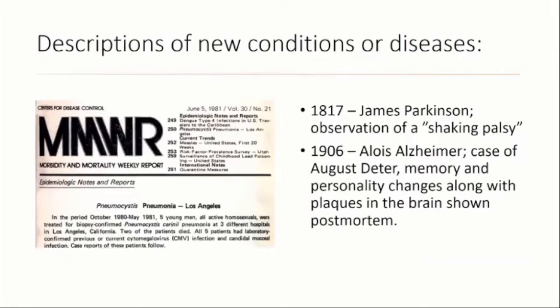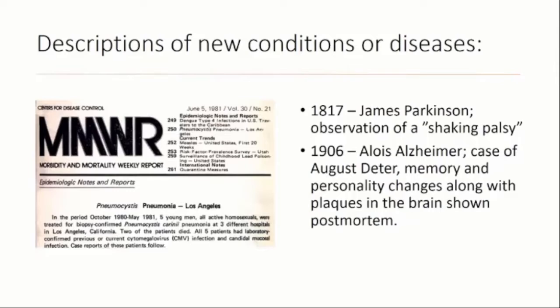So we'll start off with descriptions of new conditions. Now, this piece right here is considered one of the most important case reports in the history of medicine. This was done by the CDC. They have a weekly report, and it talks about the case of 5 young individuals with Pneumocystis pneumonia. Essentially, it's caused by a yeast organism.